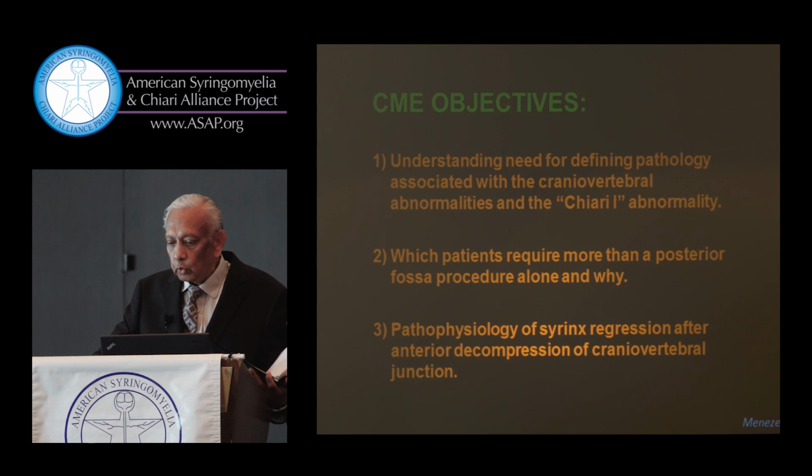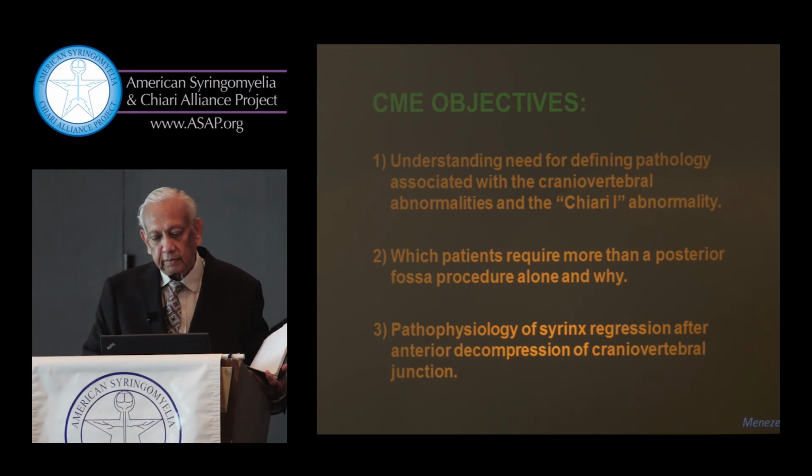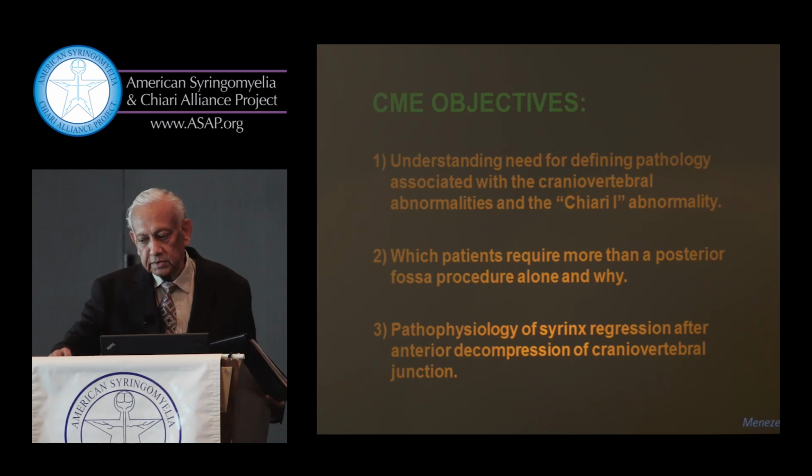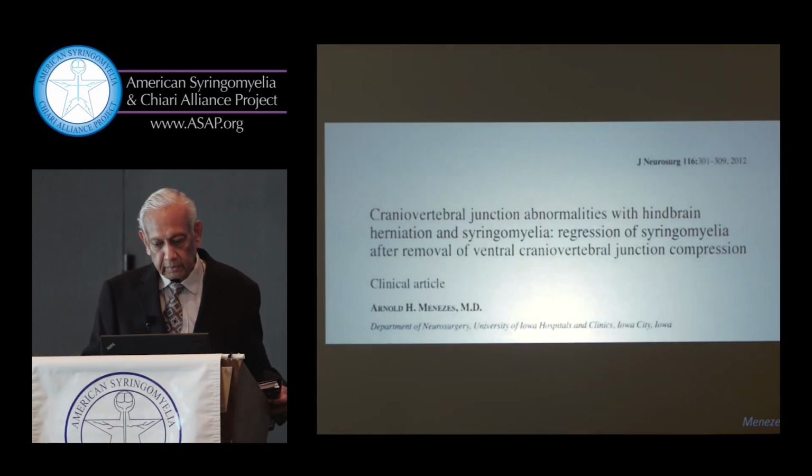Second, who are the patients who require more than a posterior fossa procedure alone, and why? I think we've answered some of them. It's a long story. What's the pathophysiology of the syrinx going away after the ventral decompression at the craniovertebral junction? Those are questions we ask ourselves, and I don't want to stop here.